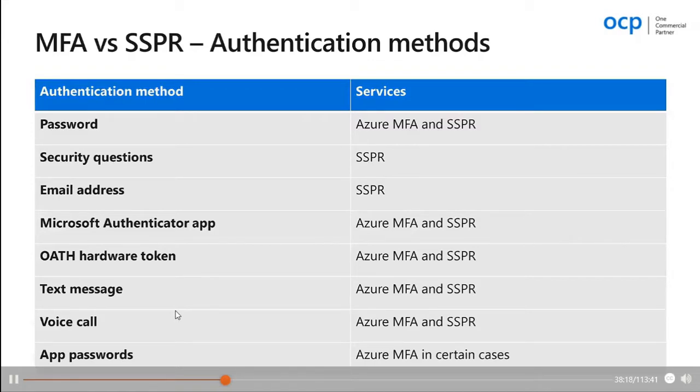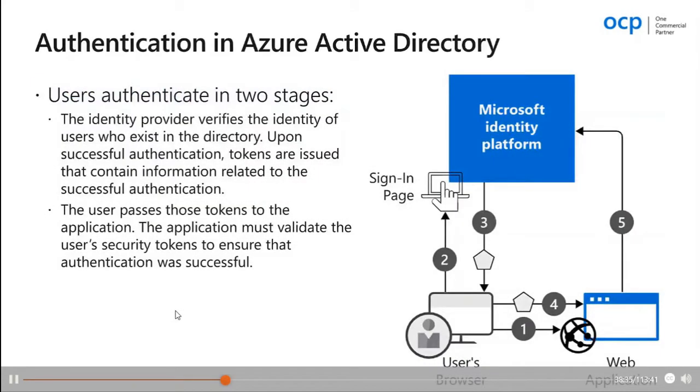So both MFA and SSPR are allowed. But if you go for app passwords, that is not the case. For app passwords, only MFA is possible, and only in certain cases when you're using applications that do not support MFA.